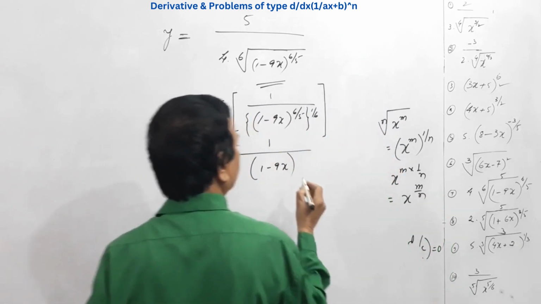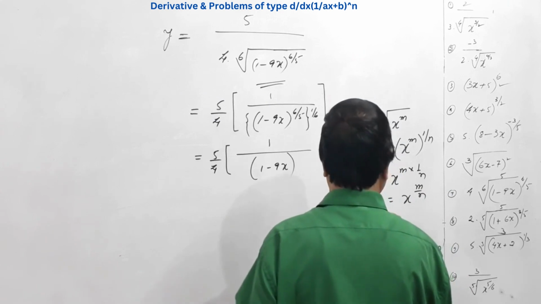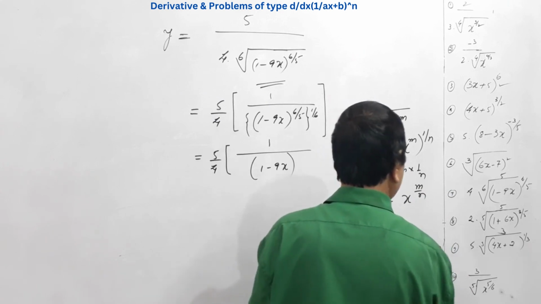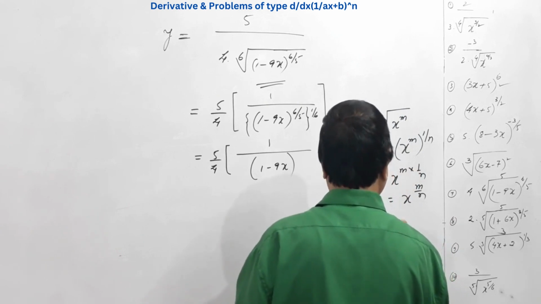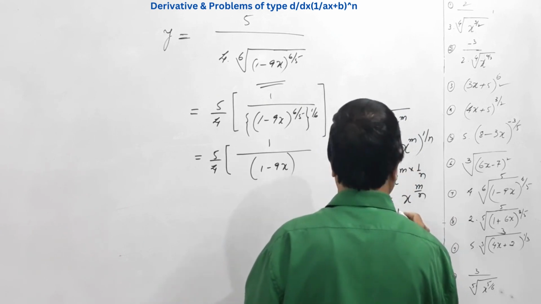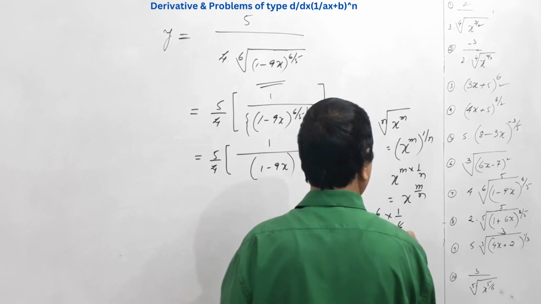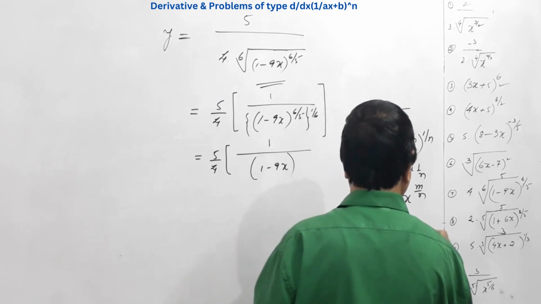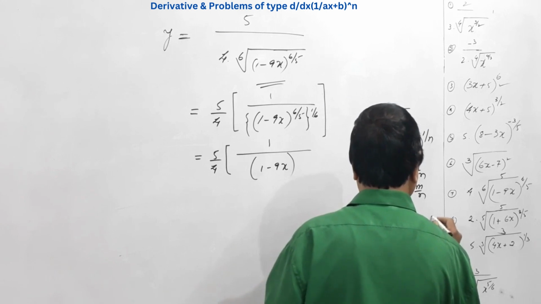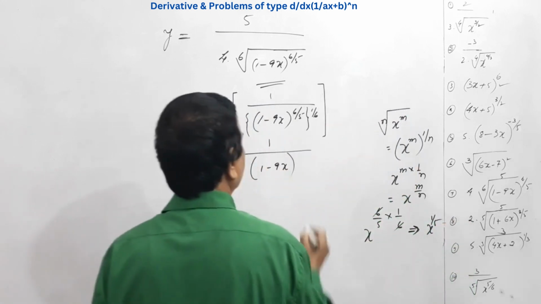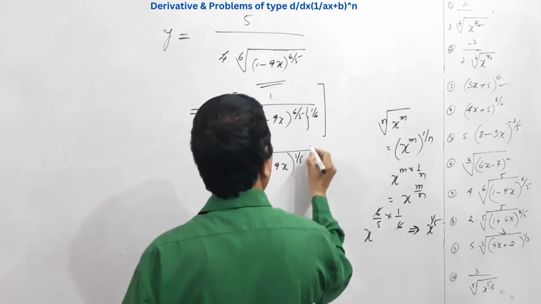So we are left with x to the power of 6 by 5 into 1 by 6. So 6 cancels, and this becomes x to the power of 1 by 5.